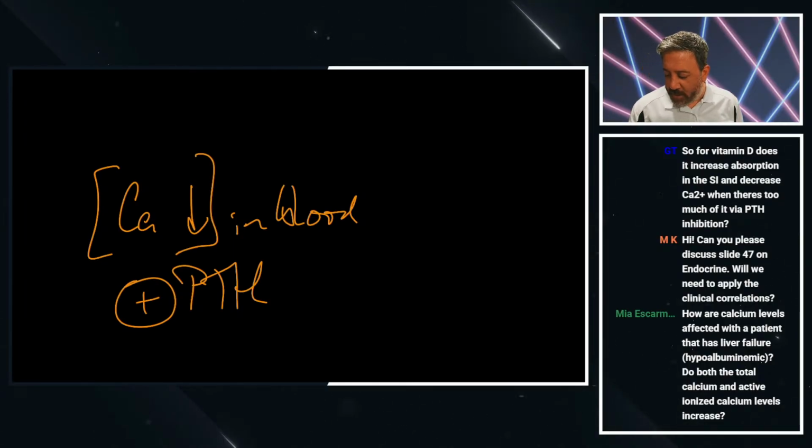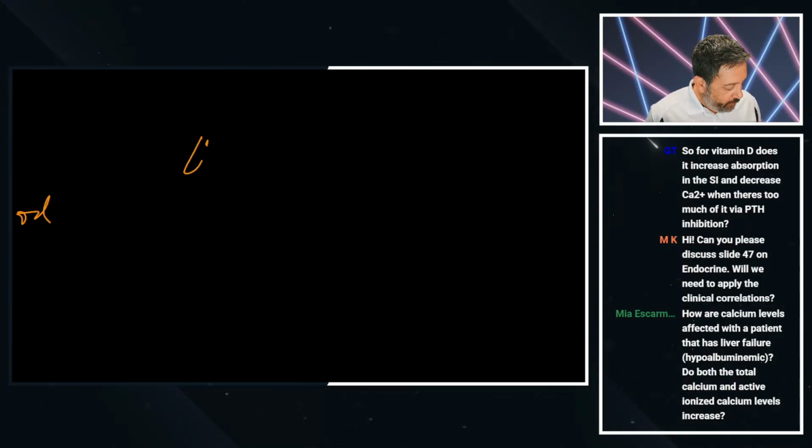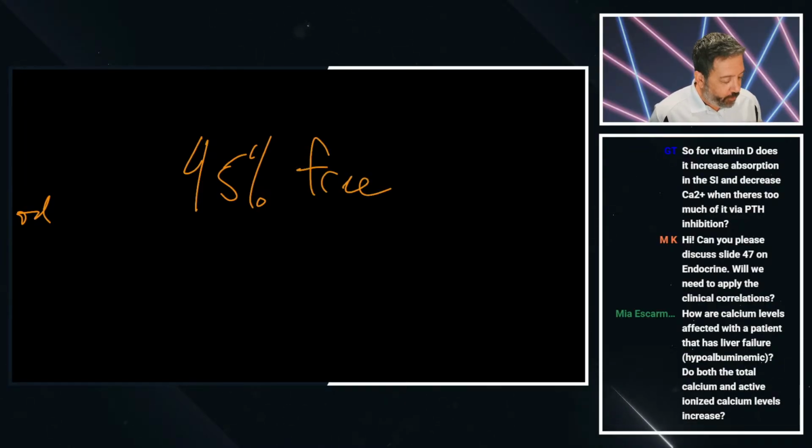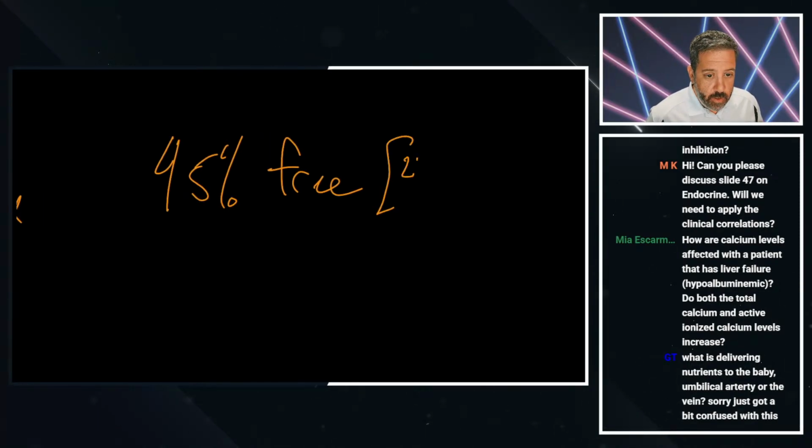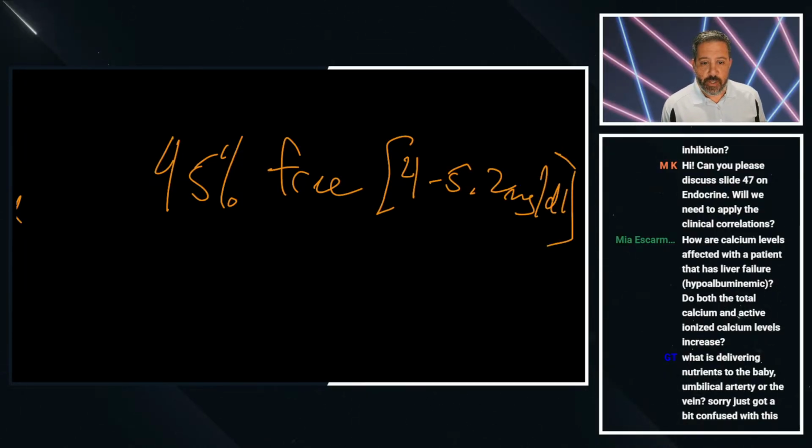The next question is about calcium levels with regard to liver failure. With regards to calcium, 45% is free, meaning it's floating around in the plasma doing its own thing. Ionized calcium 2+, 45% is free, and we want this range to be 4 to 5.2 milligrams per deciliter.